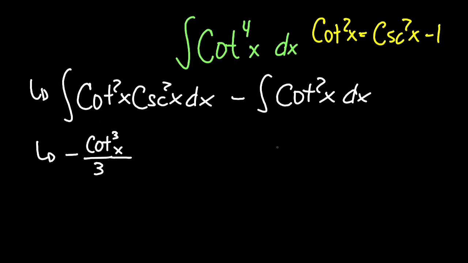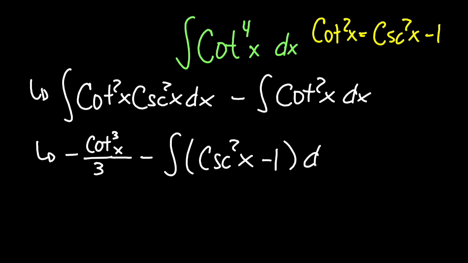And for the second one, the integral of cotangent squared of x dx. As we had said earlier, the rules of cotangent, whenever we're dealing with an integral of it, we would need to first get a cotangent squared of x, which is this one, and transform it into its identity. So by replacing that, this would be cosecant squared of x minus 1 dx.